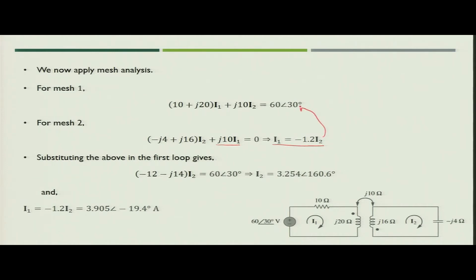Now, this value if you put here, the updated equation will be minus 12 plus minus J14 into I2 is equal to 60 angle 30. So, when you simplify, you get the value of I2 as 3.254 angle 160.6 degree. Now, you can get the value of I1 as 3.905 angle minus 19.4 degree ampere.